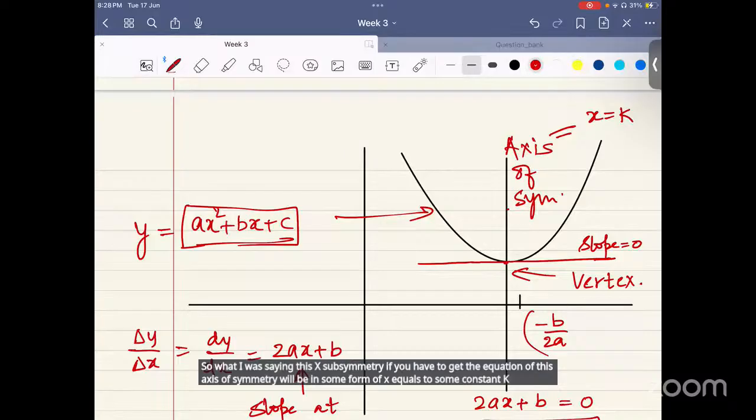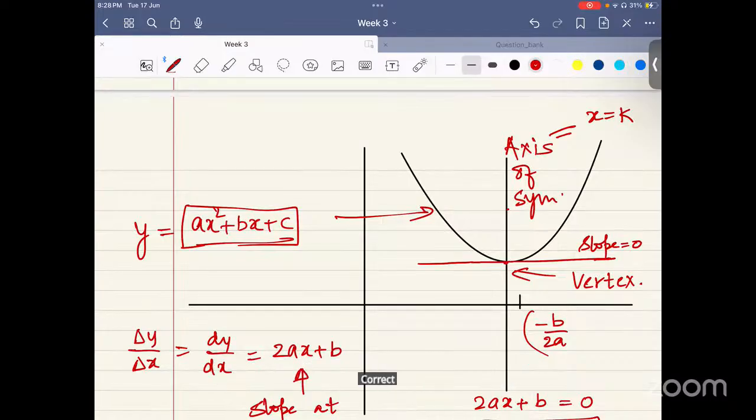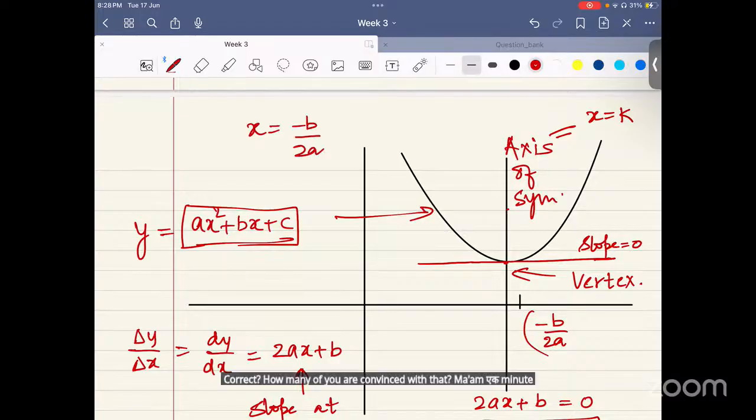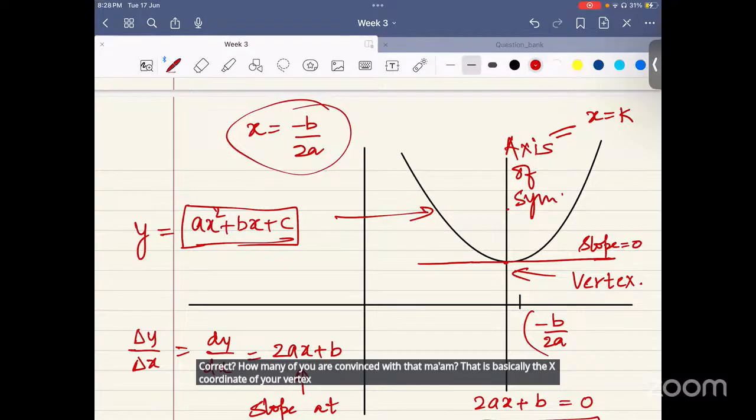Correct? And this axis of symmetry is also passing through the vertex. So the x coordinate of that vertex, what do you think? Will it be the equation of the axis of symmetry or not? Correct? How many of you are convinced with that? That the equation of the axis of symmetry will be nothing but x equals minus b by 2a. That is basically the x coordinate of your vertex itself.